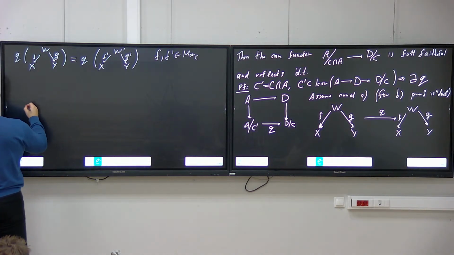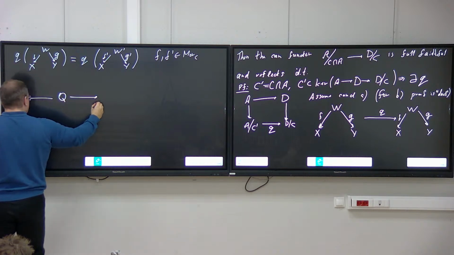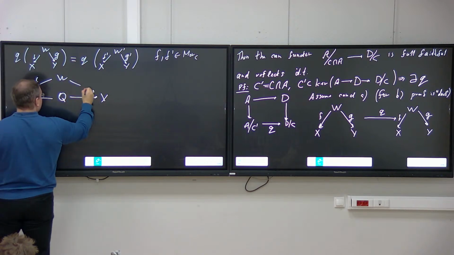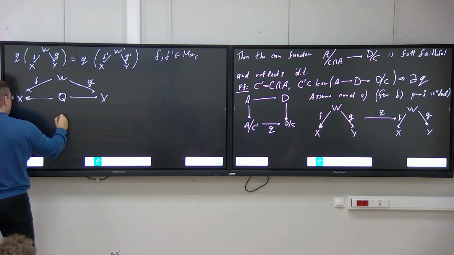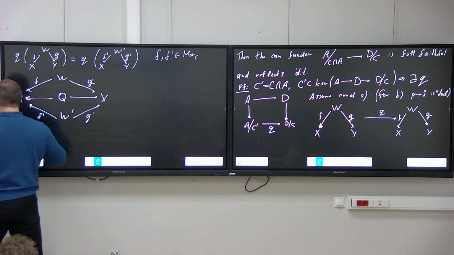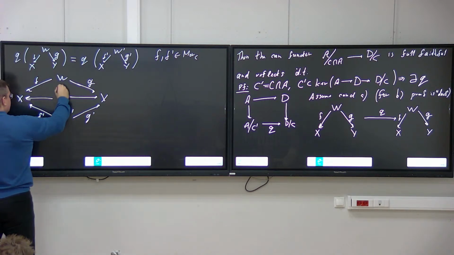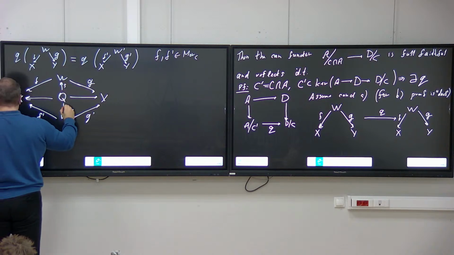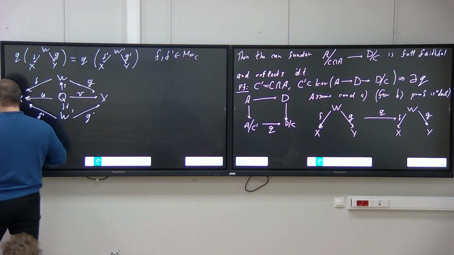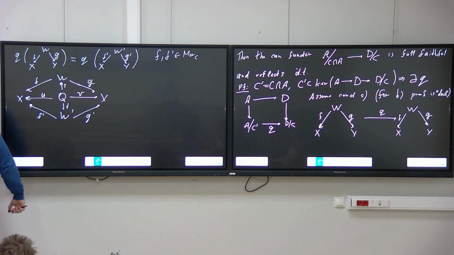So I can write a diagram: X, some Q in the middle, Y, so W, F, G, and here I have some W prime, F prime, and G prime. So the maps here I'm going to call S, T, U.